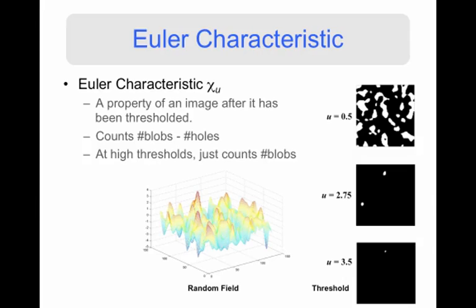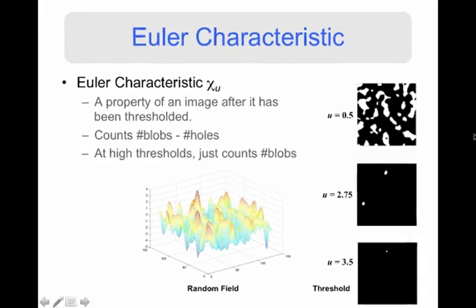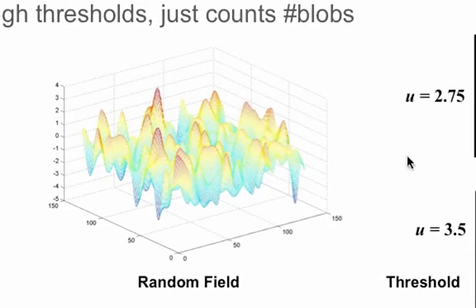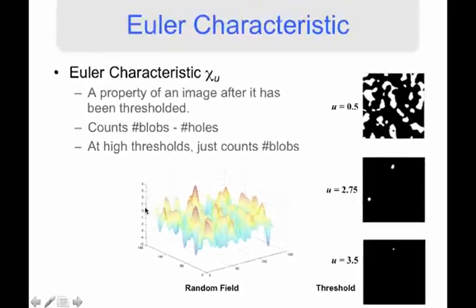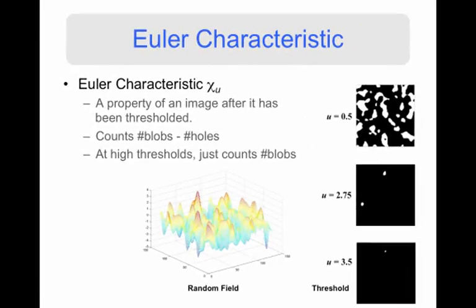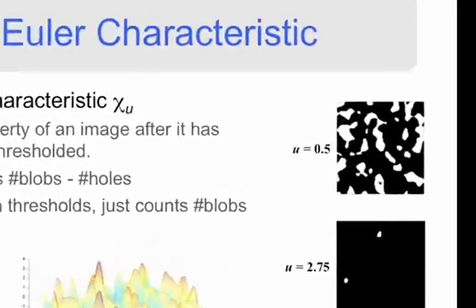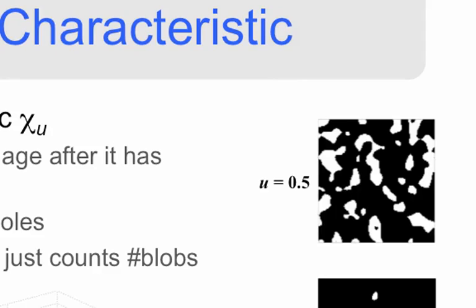To illustrate, let's look at the 3 images to the right here. We have a random field, and let's say we threshold this random field at a value u equal to 0.5. Every value that's above 0.5 is shown in white, and every value that's below 0.5 is shown in black. In this case, we get the following thresholded image here.